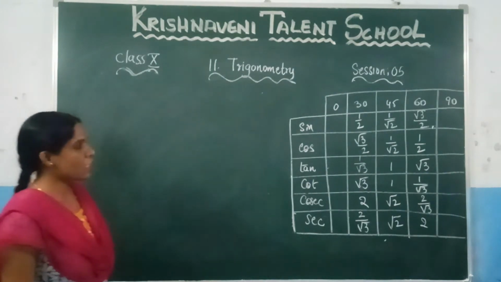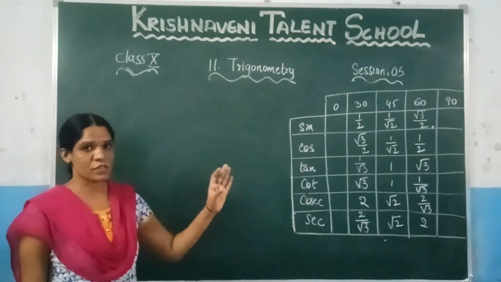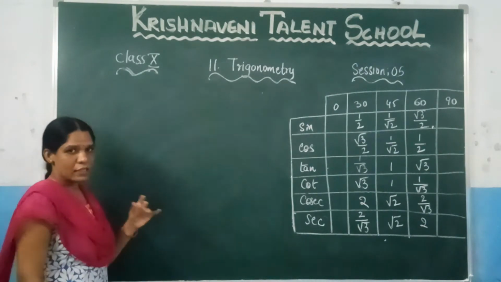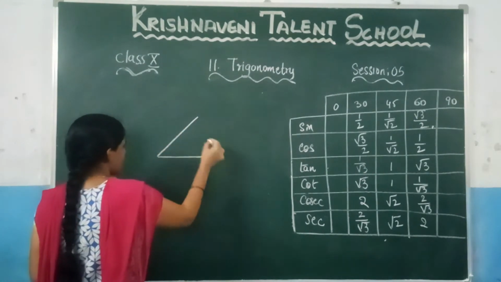Now let us see how to find the value of sin 0. That means how to find the value of 0 degrees. And for that let us consider one triangle, one angle like this.